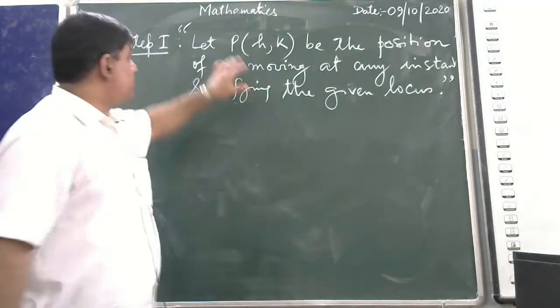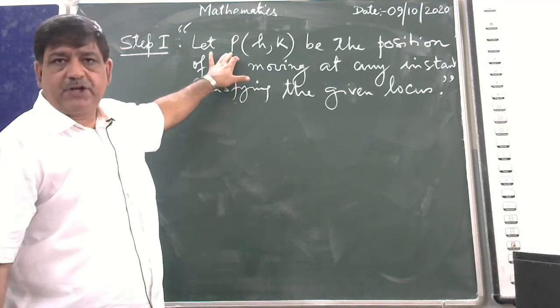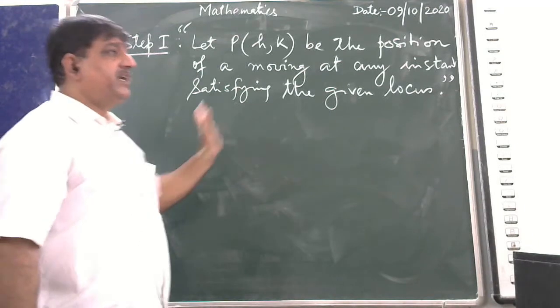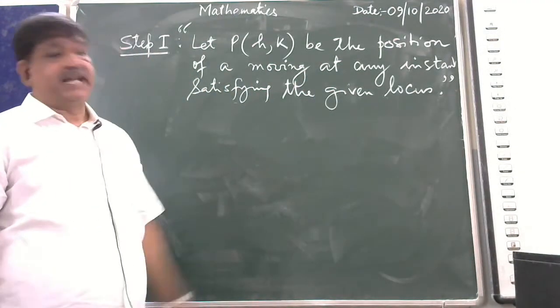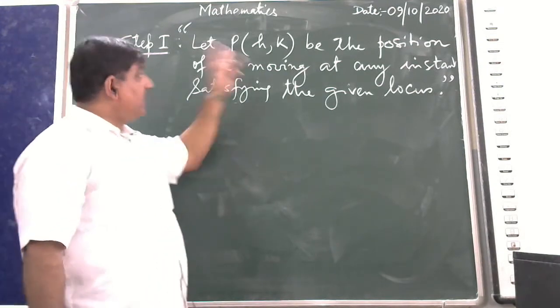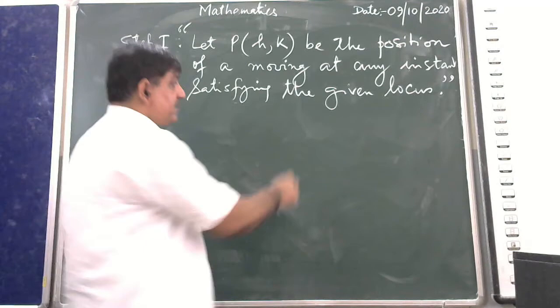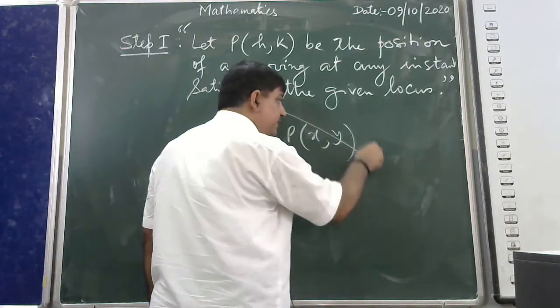Yes, you can change the name. Instead of P, you can write Q, you can write R, this will depend on you. But here we have taken P as the position of a moving point at any instant. Now, boys, remember it. In a few books, they have written directly that P(x, y) is the point. Remember, do not follow this.